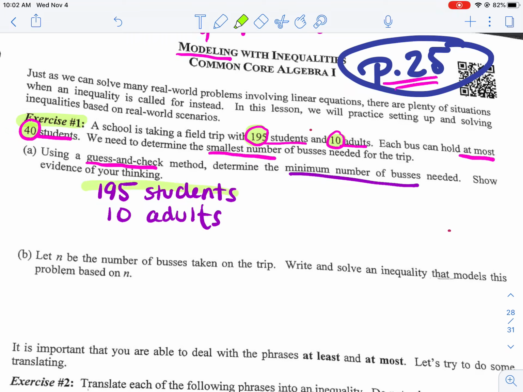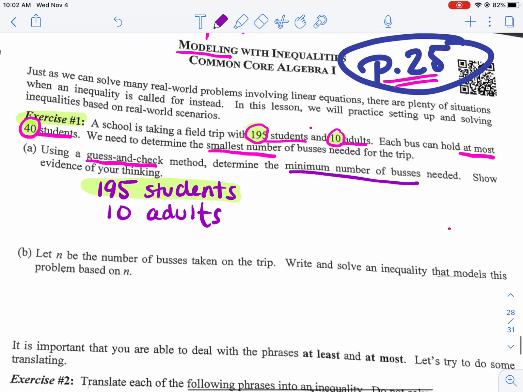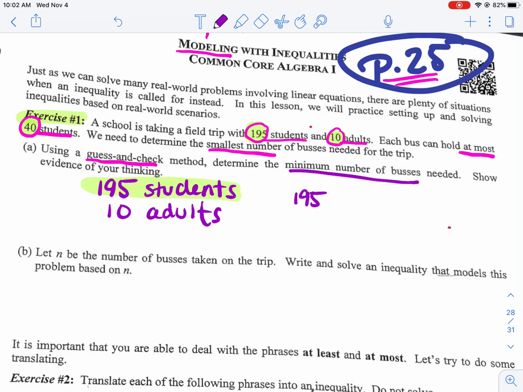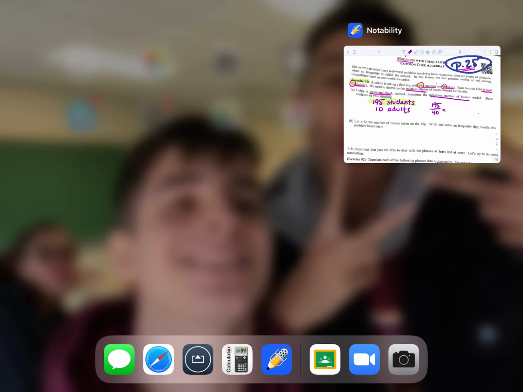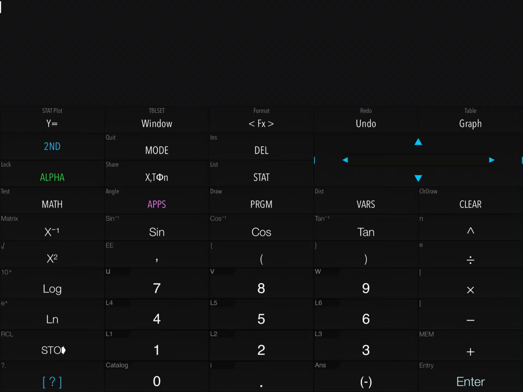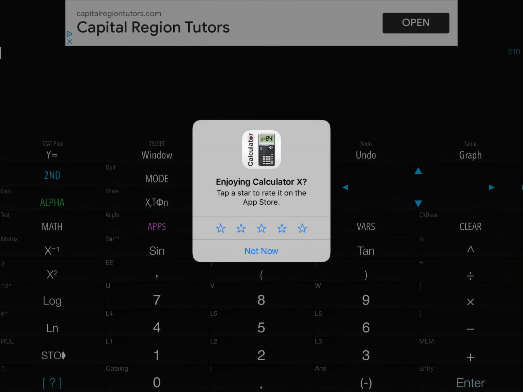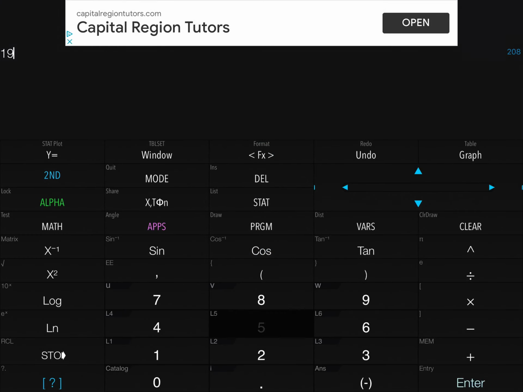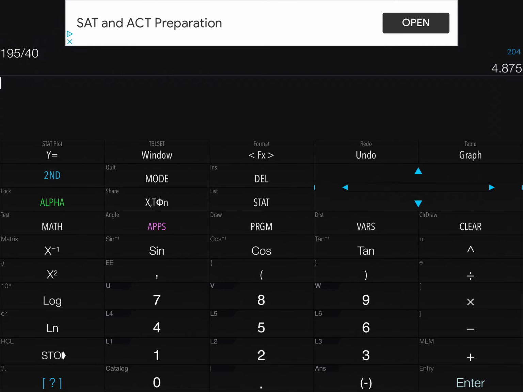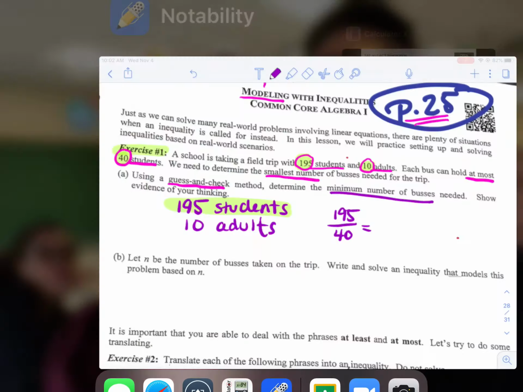The thing we care about is this 195, so we're going to say 195 divided by 40. Let me get my calculator up. We'd really strongly recommend you use your graphing calculator, not your phone calculator. We get 4.875.